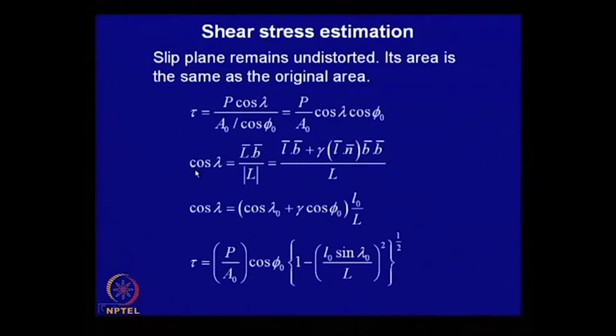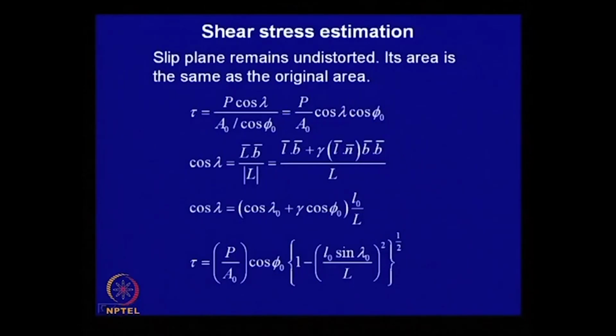One important thing you must remember is that when slip takes place, the slip plane does not get distorted, its area remains exactly the same as before slip. So, that is why when you calculate that final area, it is A naught over cos phi naught.